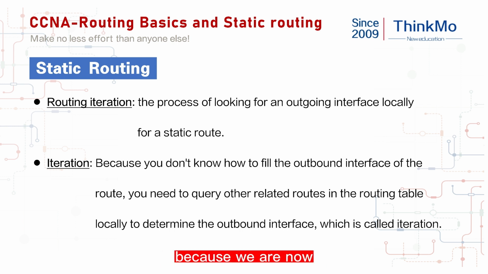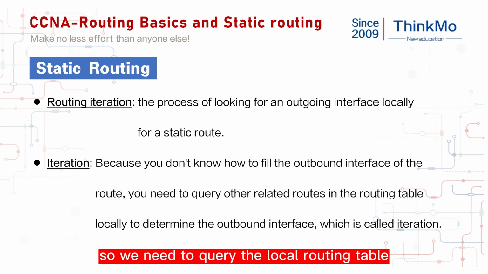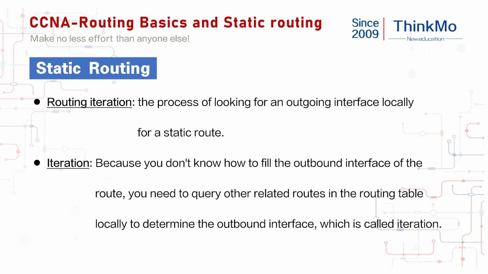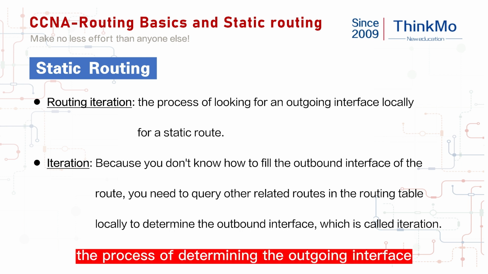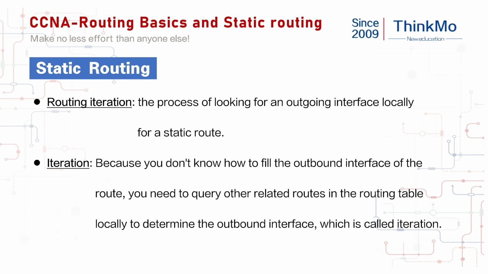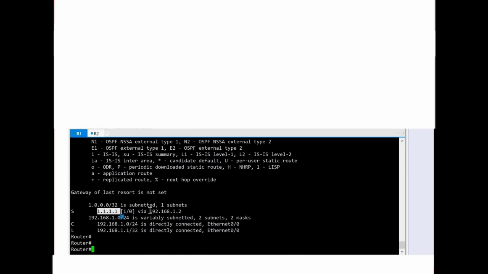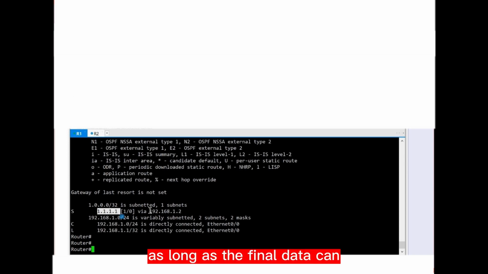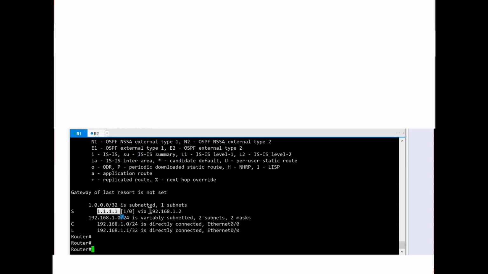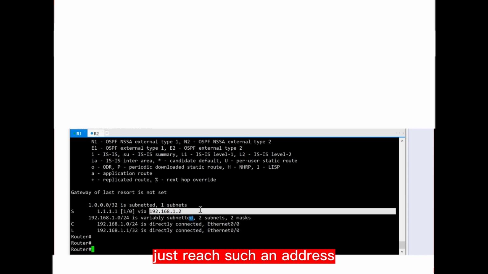Because I don't know how the outbound interface of this route should be filled, we need to query the local routing table for other related routes. In this way, the outgoing interface is determined. We call this iteration, as long as the final data can reach such an address.